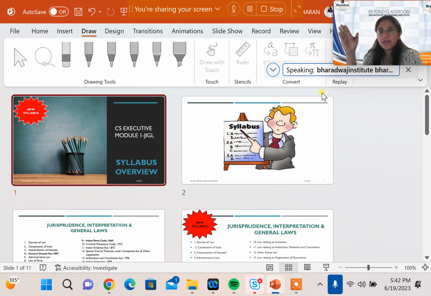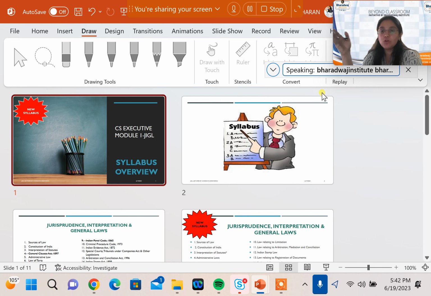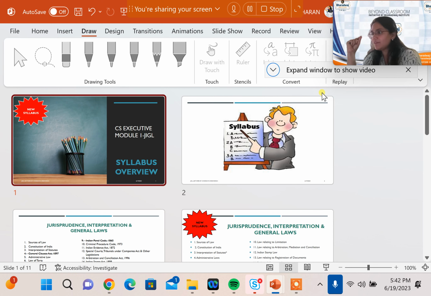I do not know how much you write in your company law paper, but as far as this paper is concerned, I am going to make sure that there is a lot of writing work. I hope you haven't received your study material from Bharadwaj Institute for the JIGL paper. You will receive it shortly, or I'm also trying to negotiate with them so that after the completion of every chapter, I distribute the handouts, because I'm trying out something new with your batch as the syllabus has partly changed.